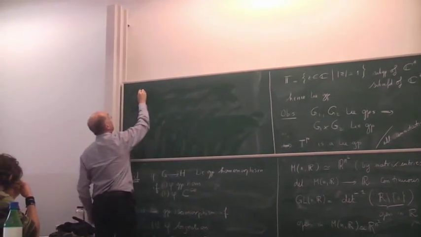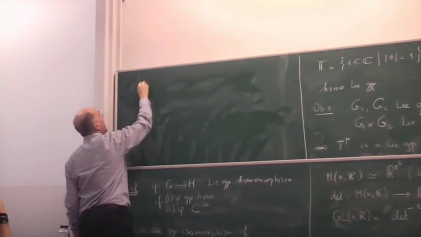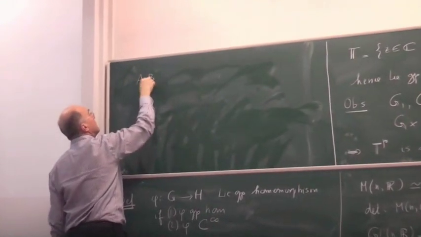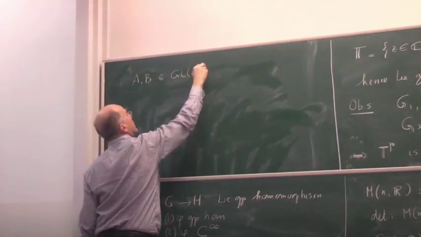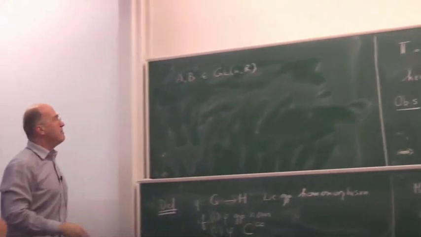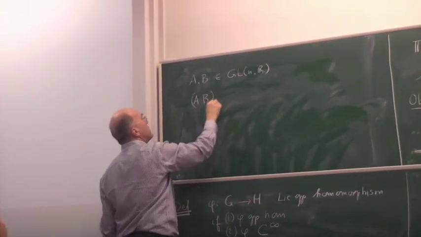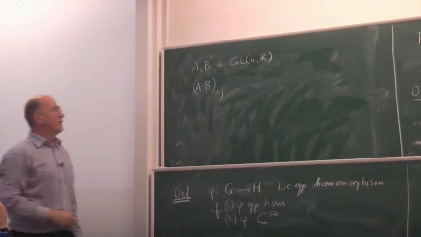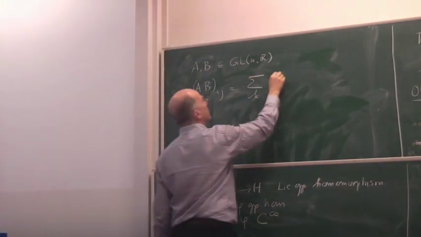So, if we have two matrices A and B, say, of the general linear group, or we could take any pair of matrices, then of course, the ij coordinate of the product is given by the familiar matrix multiplication formula.